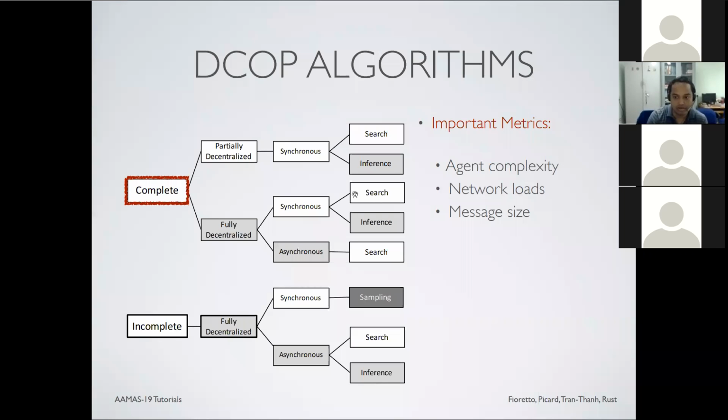We started the algorithms. First, we categorized the different algorithms which are used for solving the DCOP problem. They are mainly of two types: complete algorithm and incomplete algorithm. A complete algorithm guarantees that it will give you the optimum result. If it is a minimization problem, it will give you the minimum value assignment. If it is a maximization problem, it will return the assignment with the maximum value.